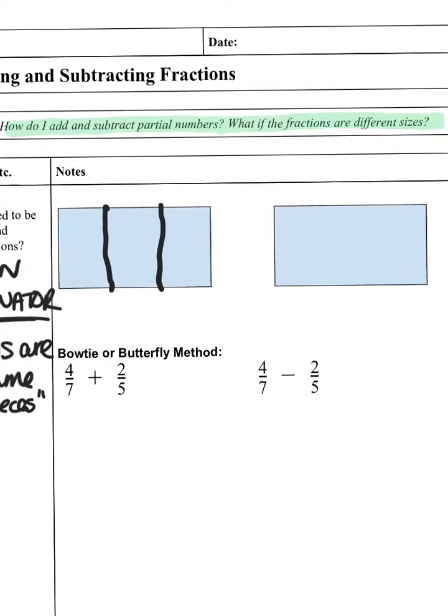Actually, let me do this. This will help a little bit more. So I cut mine into thirds, and she cut hers into fourths. But we want to split it between us so that we have exactly the same amount of each candy bar. Okay? So we need to figure out how we're going to do that evenly.